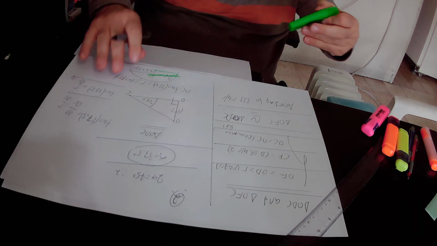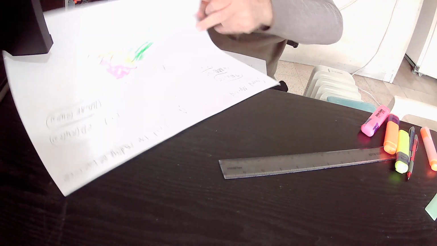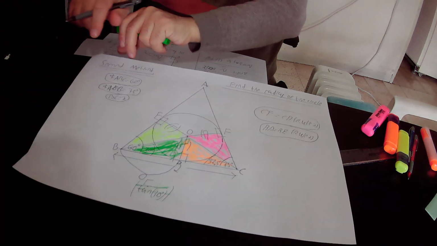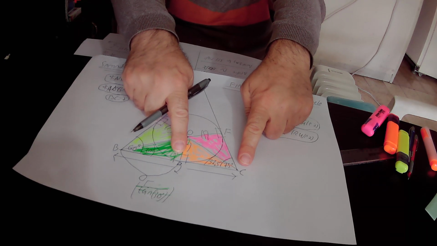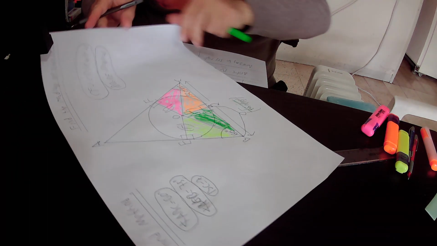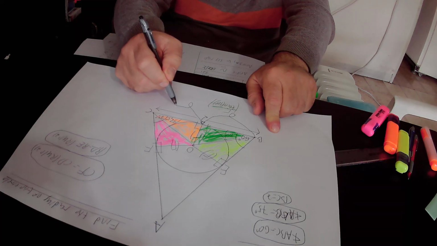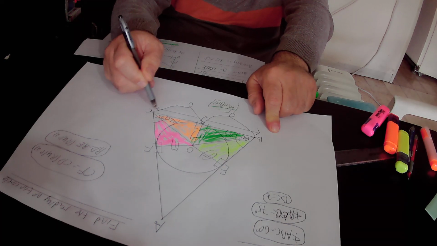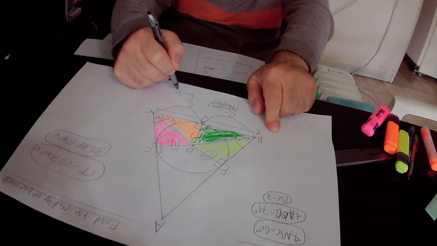So actually this line segment DC equals R over tangent 37.5 degrees in its length. So I write it down here that DC equals R over tangent 37.5 degrees.